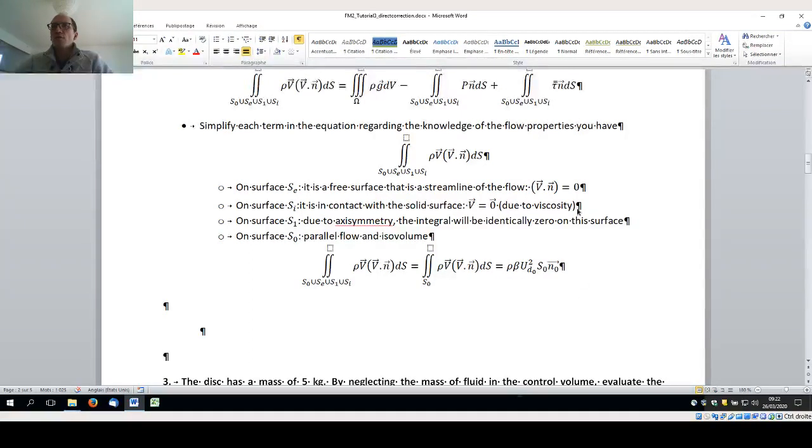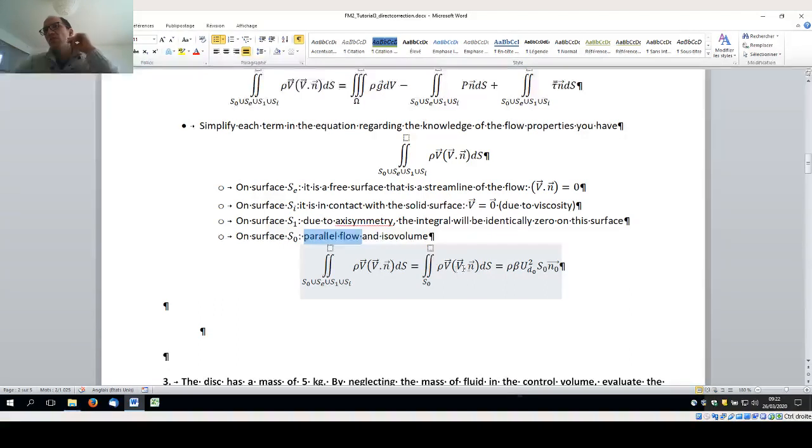This kinetic coefficient allows us to simplify the writing of this integral. As a reminder, it's because we have parallel flow in the inlet that the flow is isovolume, which allows us to write.